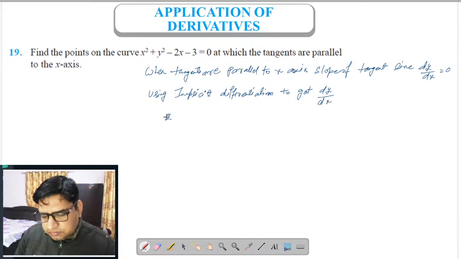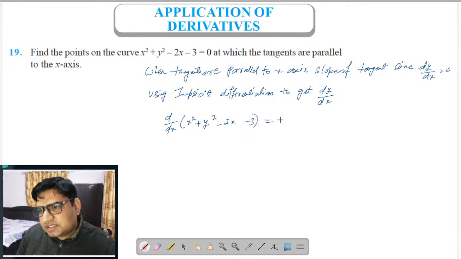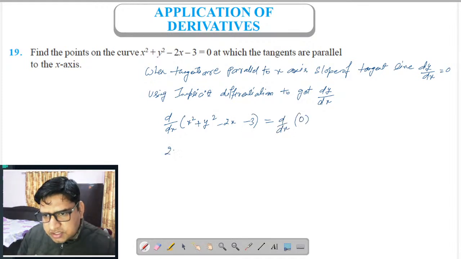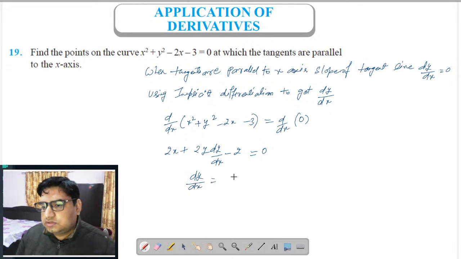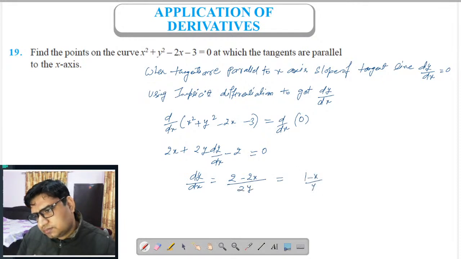So that will be dy by dx of x square plus y square minus 2x minus 3 is equal to dy by dx of 0. So that is 2x plus 2y dy by dx minus 2 is equal to 0. And from here we get dy by dx is equal to 2 minus 2x upon 2y, and that is 1 minus x upon y.